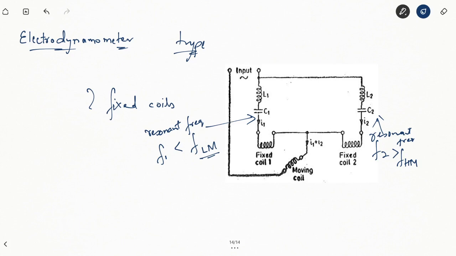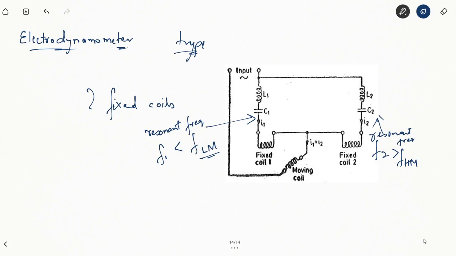So you have two fixed coils and one moving coil that now forms part of the electrodynamometer, and the moving coil is attached in a star fashion to these fixed coils.